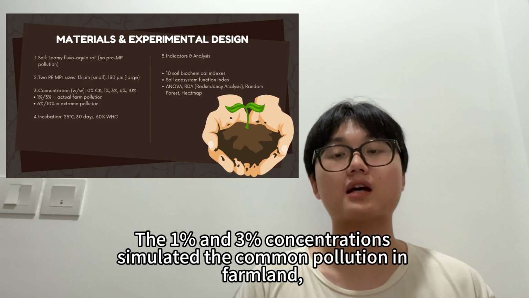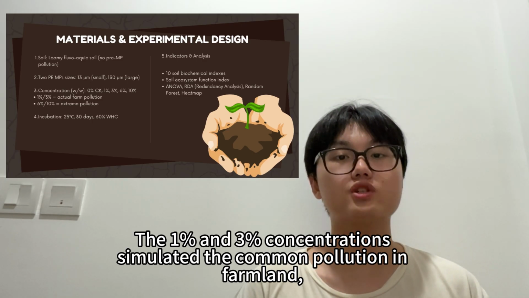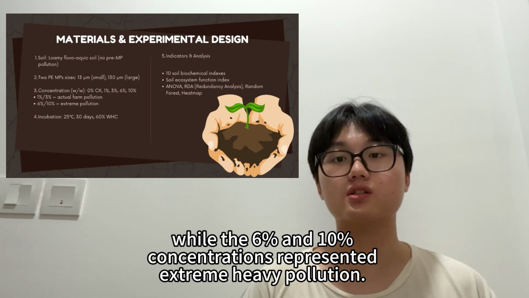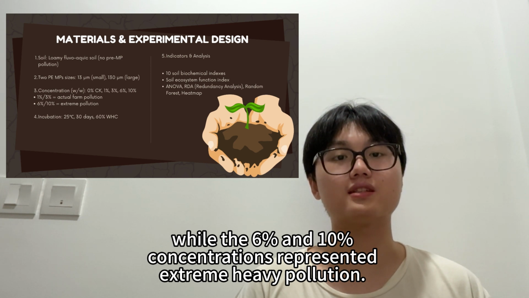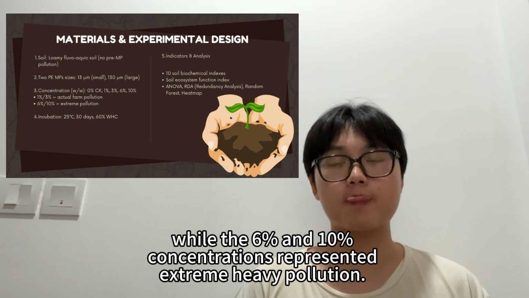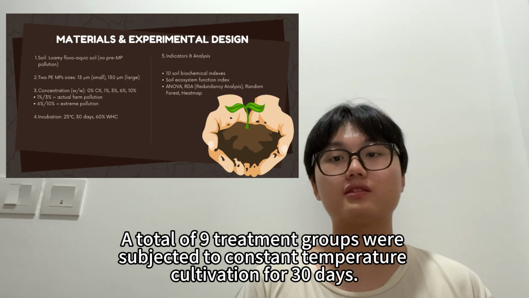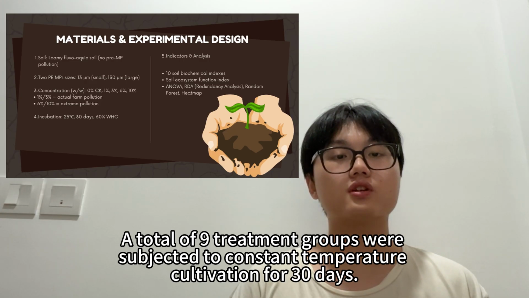The 1% and 3% concentrations simulated the common pollution in farmlands, while the 6% and 10% concentrations represented unprecedented extreme heavy pollution. A total of 9 treatment groups were subjected to constant temperature cultivation for 30 days.